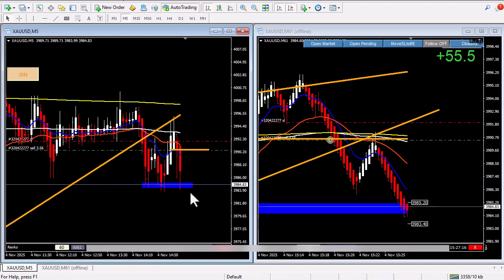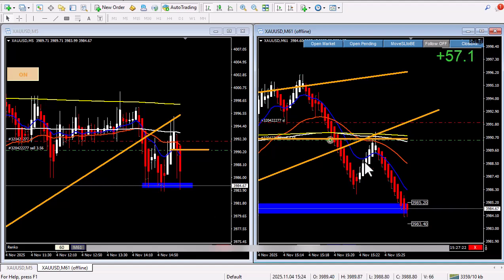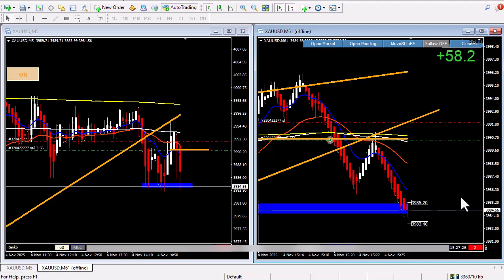On the 5-minute time frame, price reached this support area, and here it is just retesting our support area. I will now just wait. If it moves a little bit, I will move my stop loss close, minimize the stop loss by 50%.